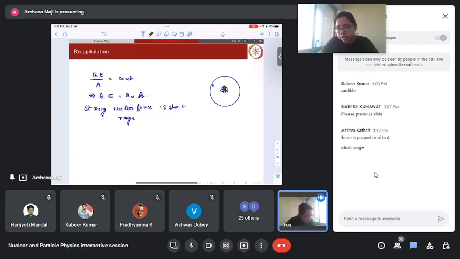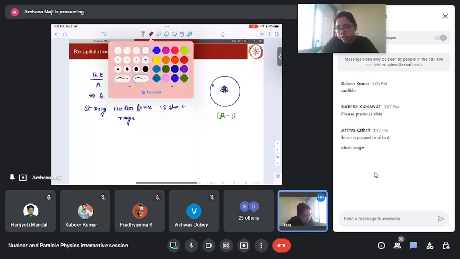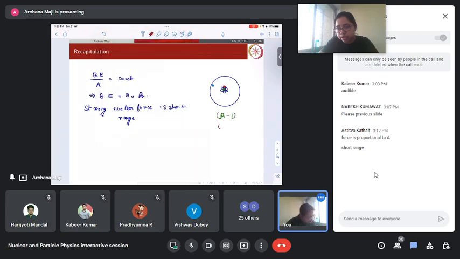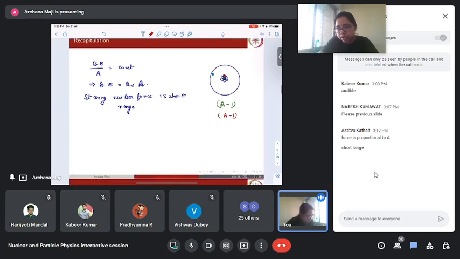So because of that green nucleon, it is interacting with A minus 1 other nucleons. Likewise, if you consider this red one, that will also interact with A minus 1 other nucleons, and ultimately it would have been A times A minus 1 if the strong nuclear force was not short range, but it is short range. That's why it is proportional to A and not proportional to A squared.